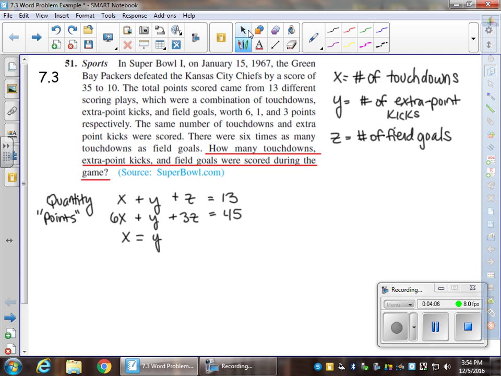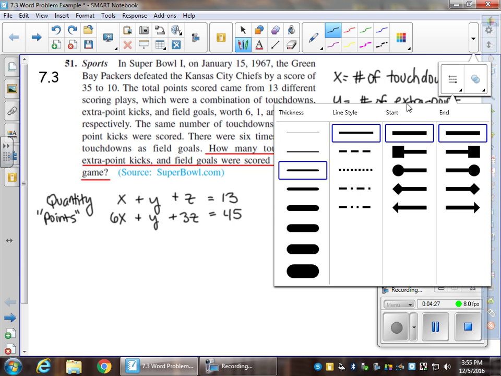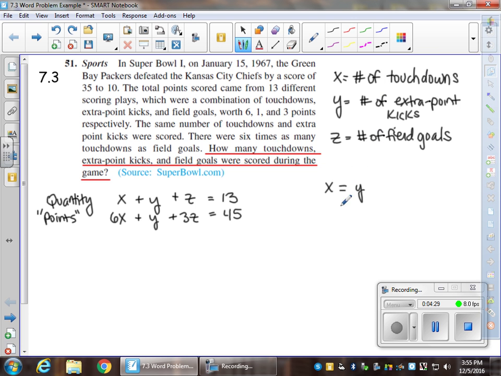Well, that can't stay there, right? Because our equal signs have to equal. So how about there? Well, no, that's not going to work because I can't have a variable over here. So let's bring this over and see if we can perform algebra so that we get an equation we can use. x equals y.